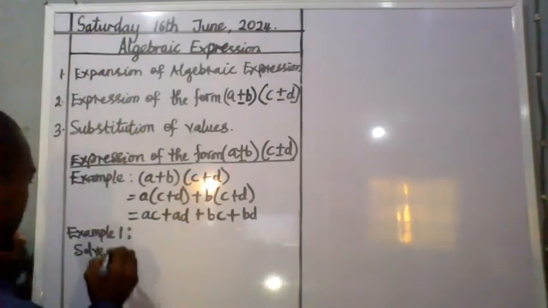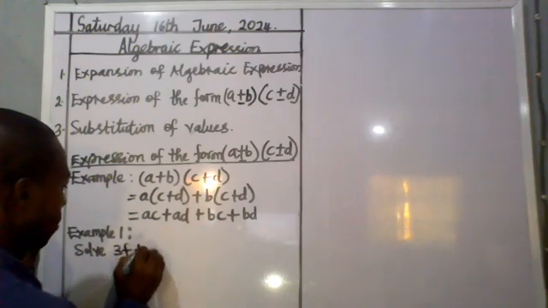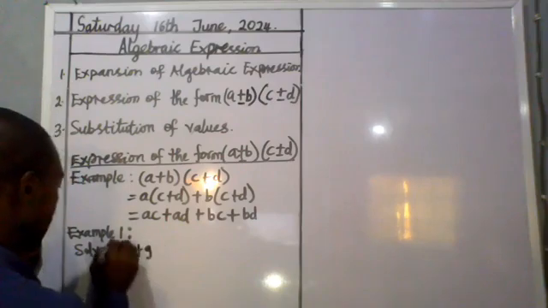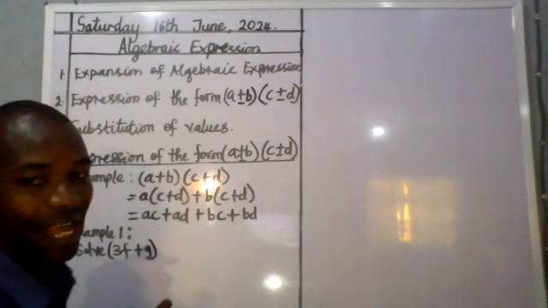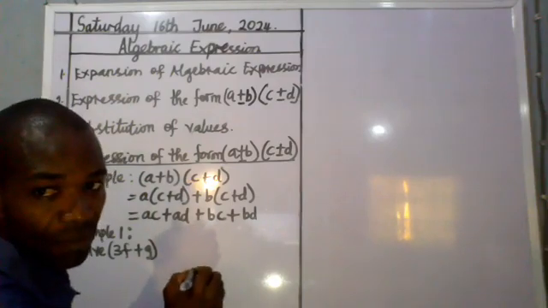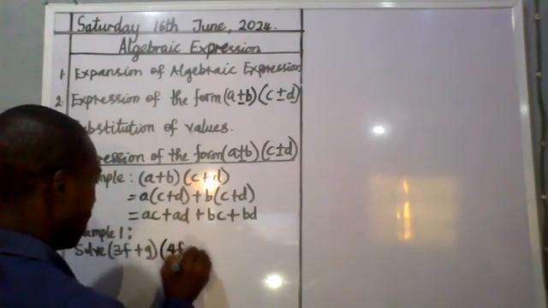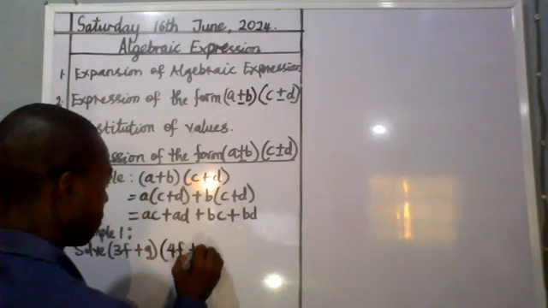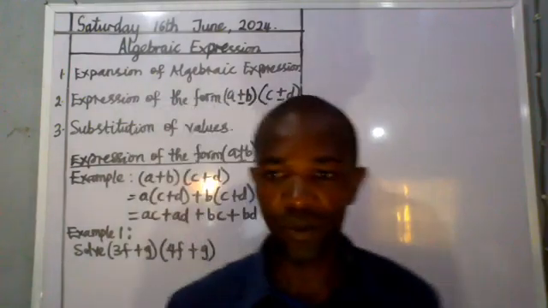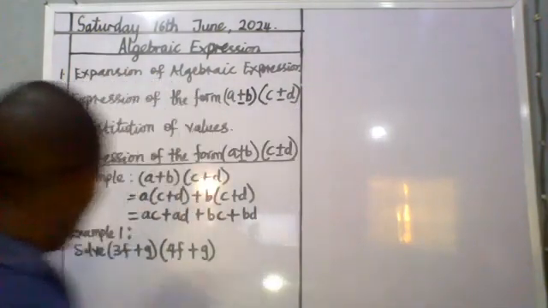Solve bracket 3F plus G multiplied by 4F plus G. Okay, so that is what we want to do now. Now let's solve it.